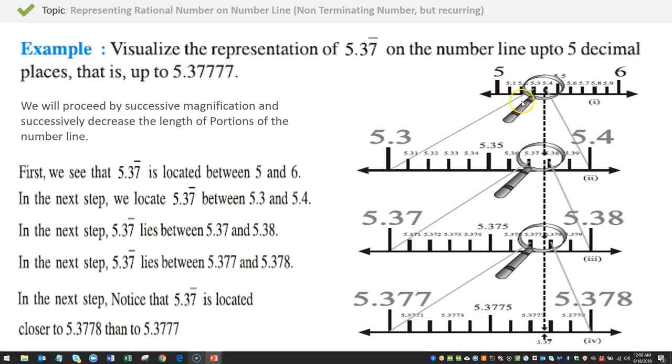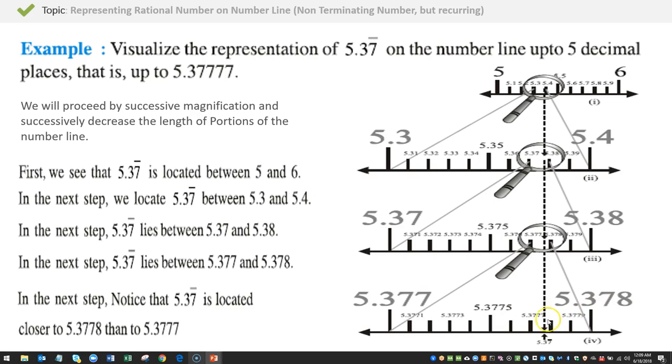So we started with 5.3 and 5.4. Well, before that we started with 5 and 6. Then we magnify this between 5.3 and 5.4. Then we look at 5.37 and 5.38. And when you further magnify this, you look at 5.377 and 5.378.